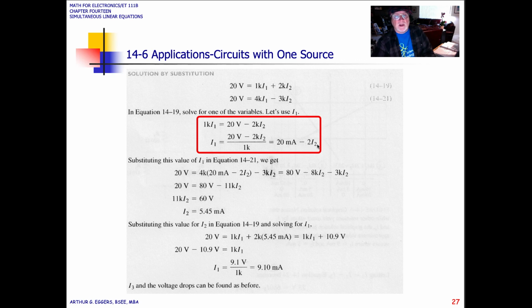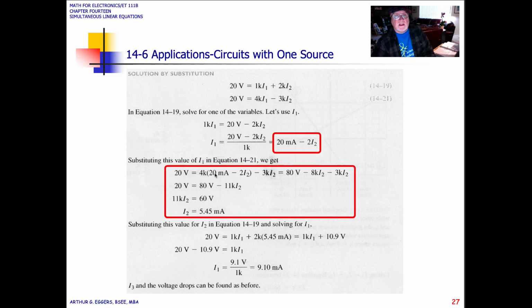20 milliamps minus 2 times I2. Now if we take this expression and plug it into I1 of the second equation, 14.21, we have 20 volts is equal to 4k times, well, there's I1. So I1 is 20 milliamps minus 2 I2. We're removing all of the I1 terms out of the expression so that we only have I2 in the expression.